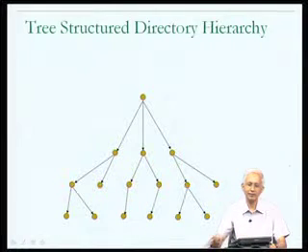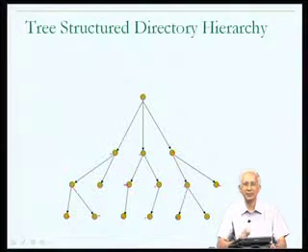Okay, so going back to our picture of a tree, let's try to understand how this could relate to a directory hierarchy. Now, we should clearly understand that each of the nodes in this tree is going to correspond to a file. Some of these nodes are going to correspond to files that are in fact directories. In other words, files that contain mappings between names and file descriptors or inode numbers.